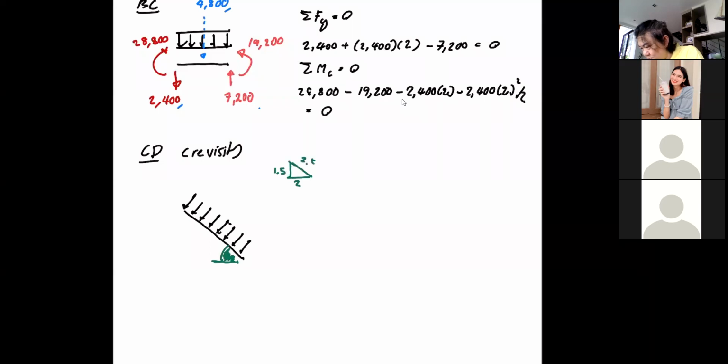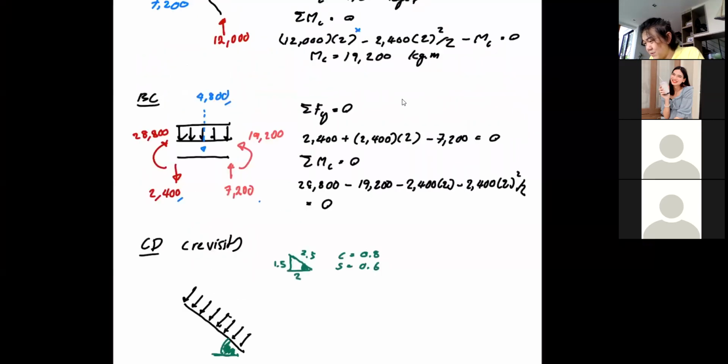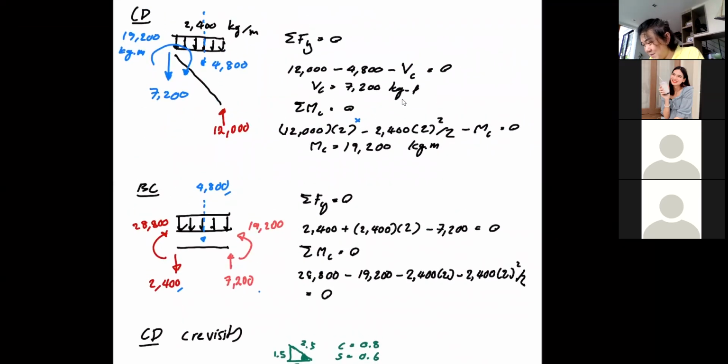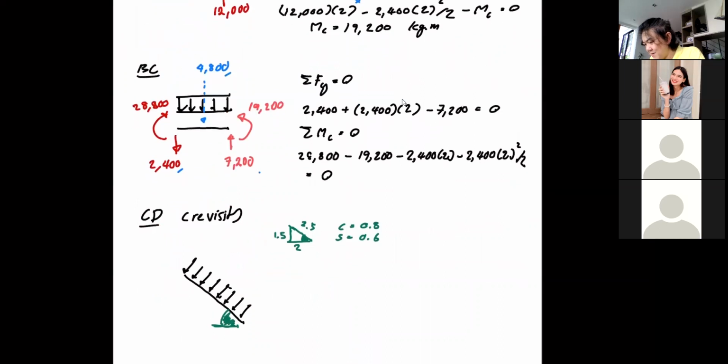That's 2.5. That's our angle. And again, cosine is 0.8. Sine is 0.6. And you have the total load from that is 4,800.